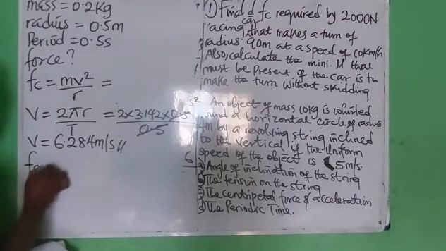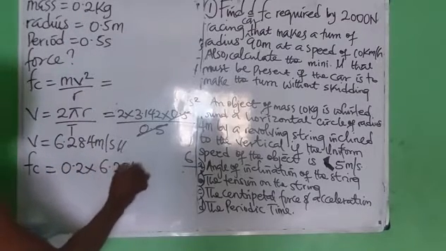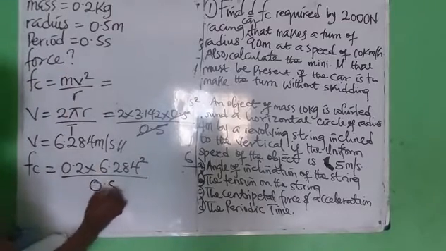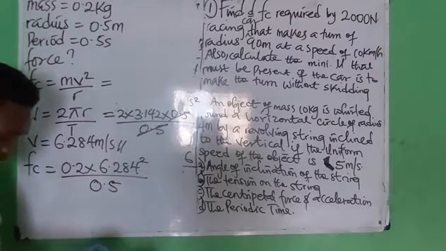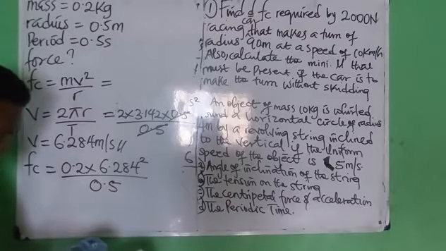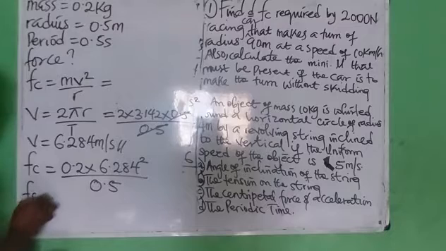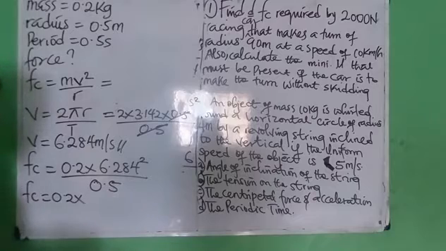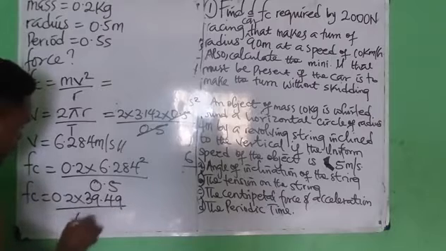So Fc becomes mass, given as 0.2, times 6.284 squared over radius, which is 0.5. 6.284 times 6.284 equals 39.48, so let me make it 39.49 divided by 0.5.